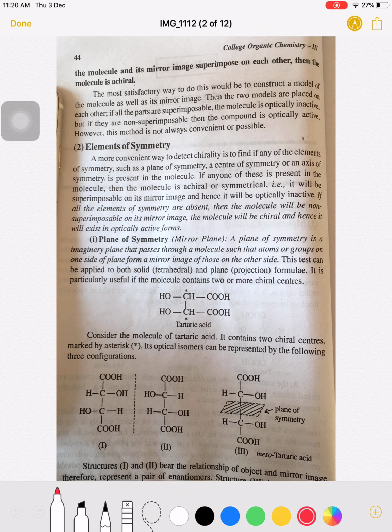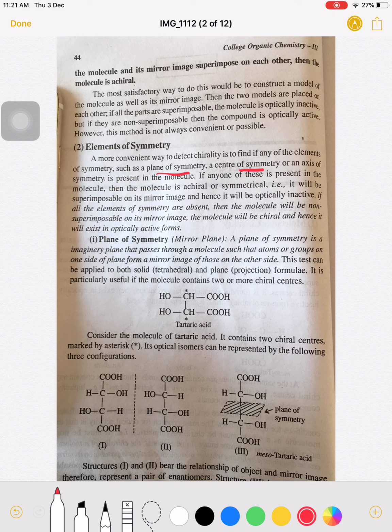If a molecule has any one of the symmetries, that is a plane of symmetry, or a center of symmetry, or an axis of symmetry, then that molecule is optically inactive.